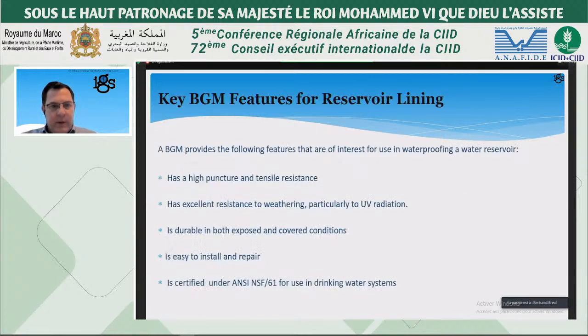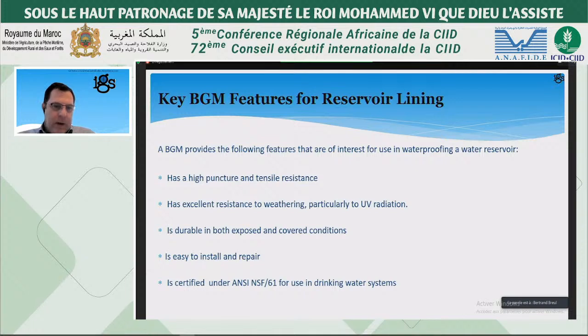The key properties and advantages of a BGM for reservoir lining: it has high puncture resistance and excellent tensile strength. The resistance to weathering and particularly UV radiation is very good, so you can leave the liner exposed.